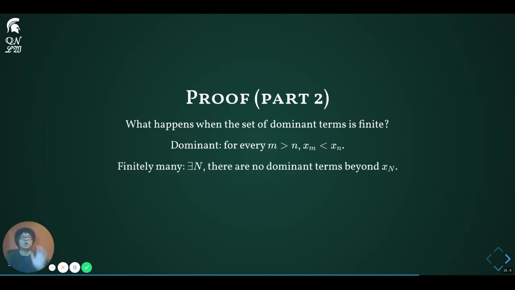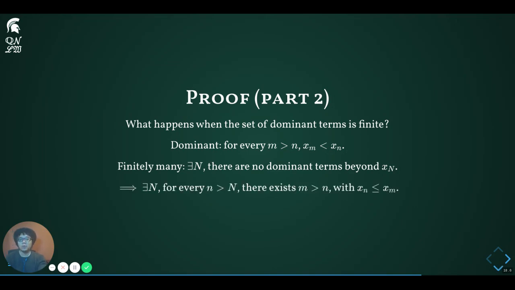Now, if there are only finitely many dominant terms, this means that after some capital N is reached, no further terms can be dominant. Another way to say it is every term after the capital N is the opposite of dominant.